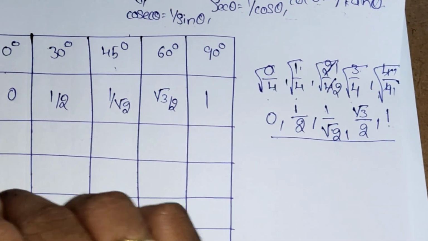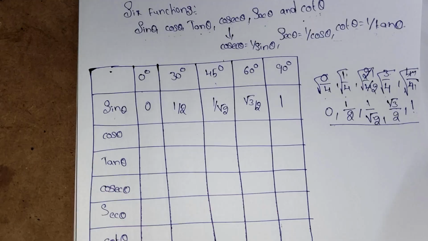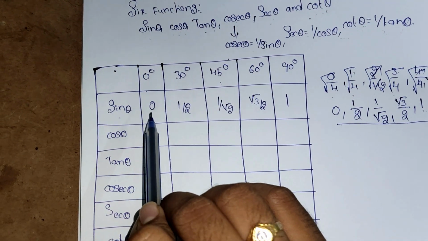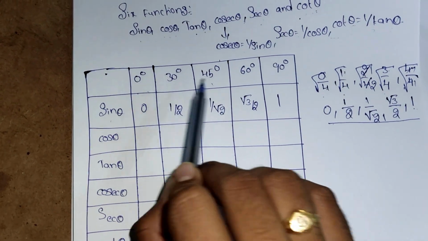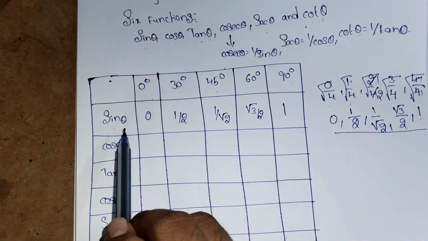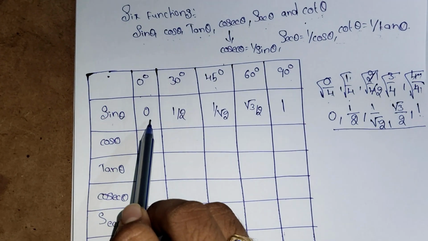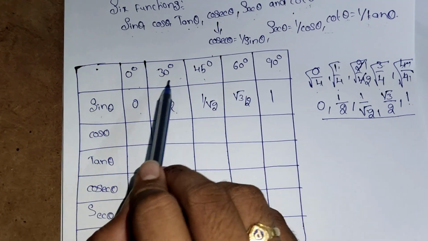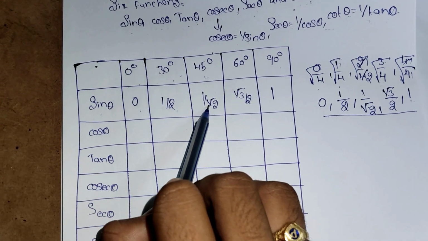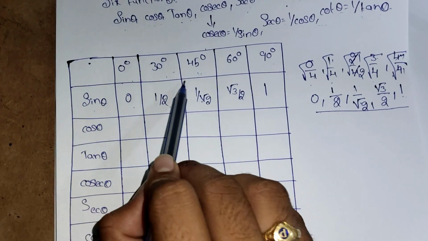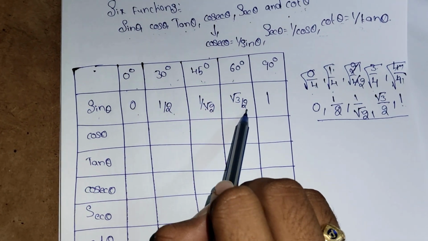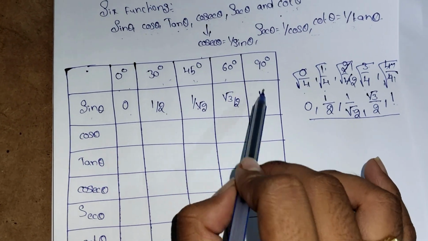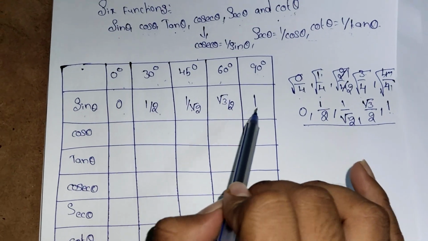So these are the sin values from 0 degrees to 90 degrees: sin 0 equals 0, sin 30 equals 1 by 2, sin 45 equals 1 by root 2, sin 60 equals root 3 by 2, sin 90 equals 1.